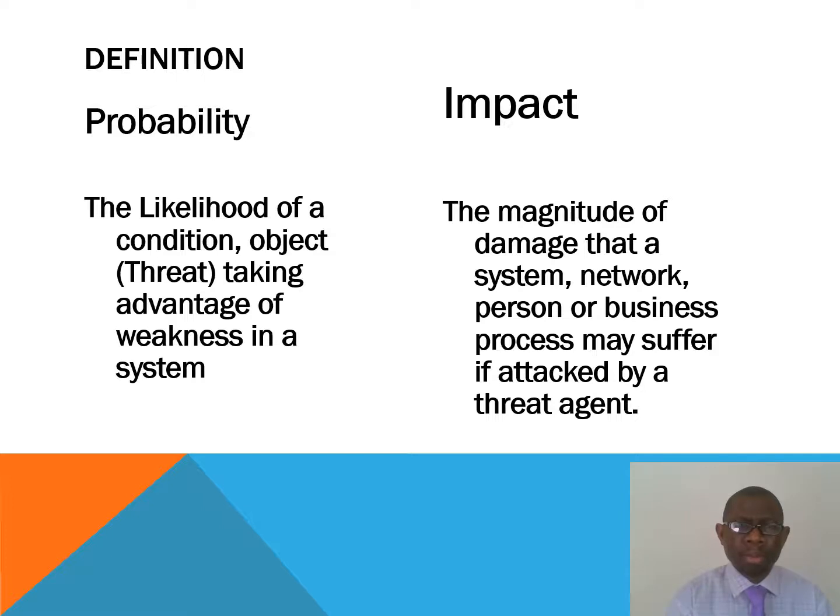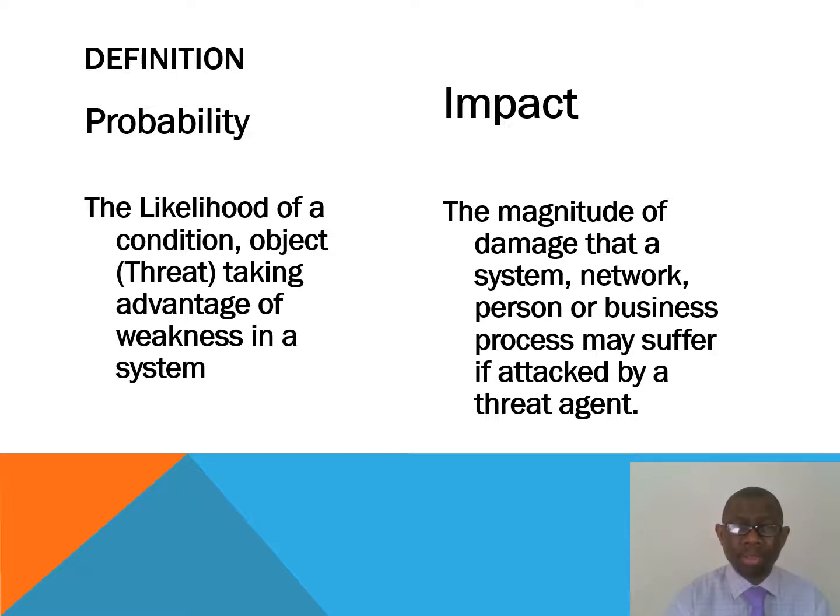Now, risk has probability and impact factored into it. Let's look at what probability is. That's the likelihood of a condition or object, termed a threat, taking advantage of a weakness in a system. So we want to look at whether it is possible that this happens.